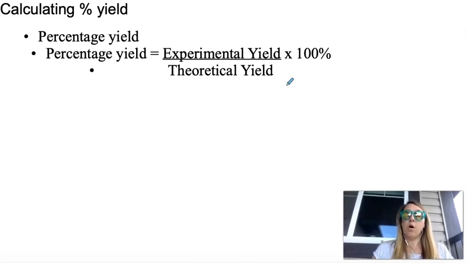Or not all of my reactants turned into products, so I'm seeing that I have more mass than I should have because I still have a bunch of reactants left over in that container, okay? So generally it's going to be less than 100, but there are definitely some situations where it can be greater than 100. And if we were at school doing some labs, you would see that we had some that were greater than 100 and some that were less than 100, right?